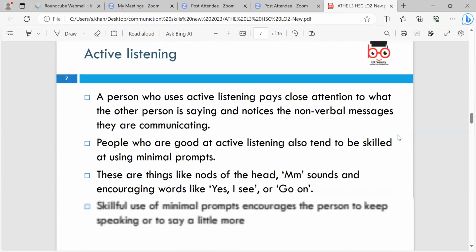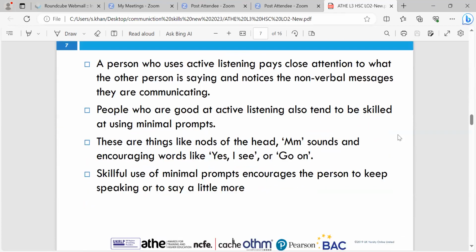Active listening. A person who uses active listening pays close attention to what the other person is saying and notices the non-verbal messages they are communicating. People who are good at active listening also tend to be skilled at using minimal prompts.